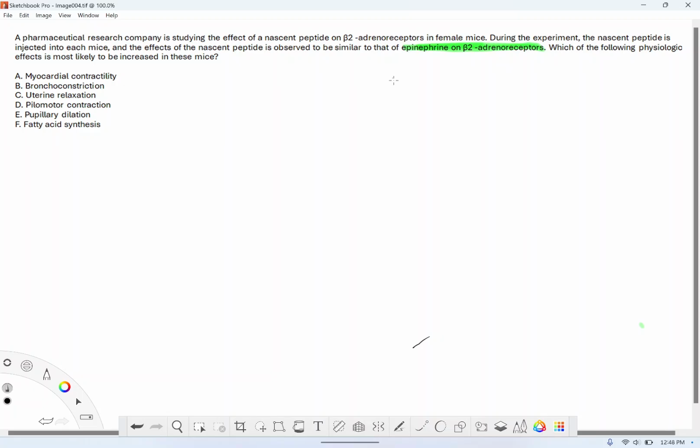Okay, so in essence, they're simply asking for beta-2 receptor function. That's all. So what is the function of beta-2 receptor? That's all we want to know. So beta-2 receptor is primarily found on smooth muscles.